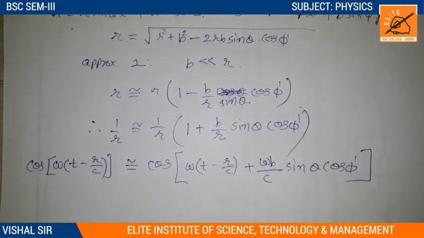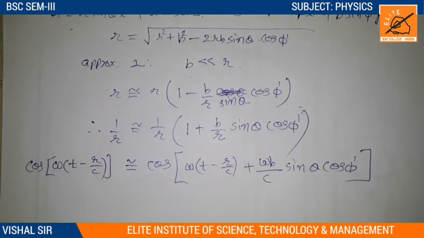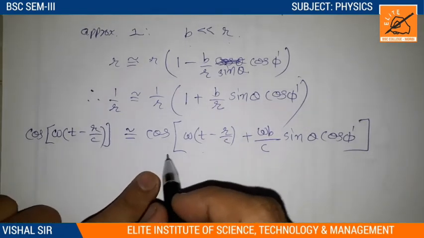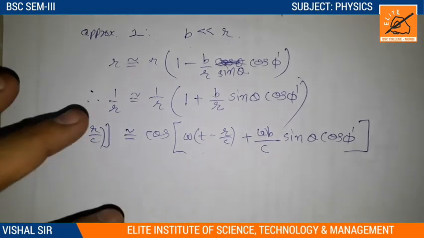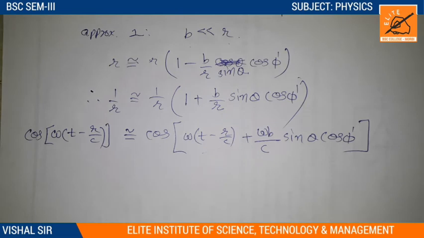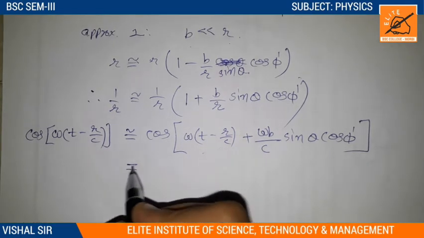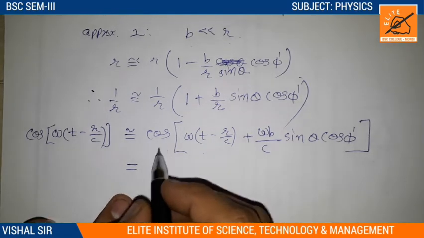Okay, so we have already taken this type of derivation in electric dipole also. So in this magnetic dipole radiation the derivation will be like electric dipole radiation.